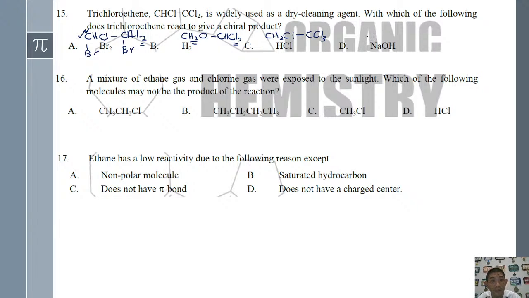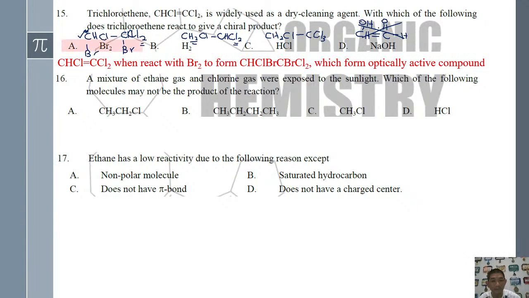Because chlorine can undergo hydrolysis, you form CHOH, the double bond still remains. Then you form C double bond H, which is actually quite impossible to take place, because carbon cannot have 5 bonds, isn't it? So therefore this reaction cannot take place. Therefore D is also not true. So the best answer in here is A. So this is number 15.